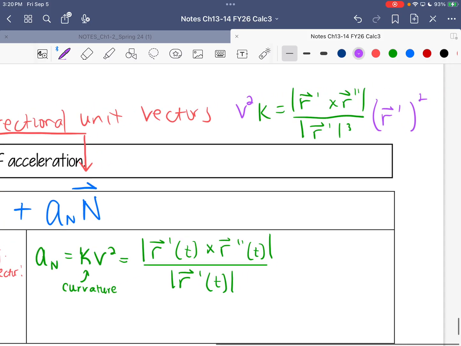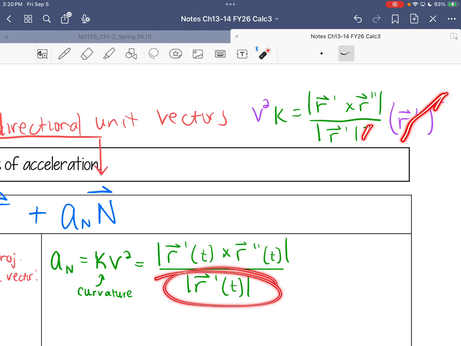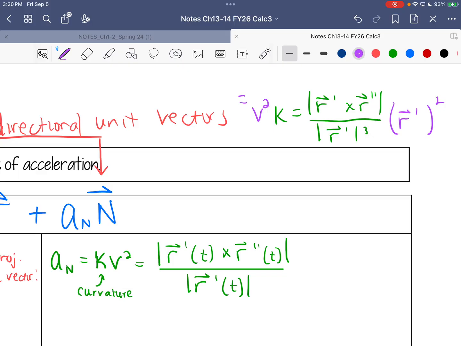And what happens in the denominator and numerator? You see how they're going to cancel out, and that's why it looks kind of like the curvature equation but not cubed, because of multiplying by the velocity squared.